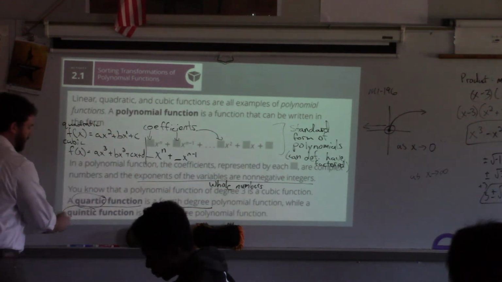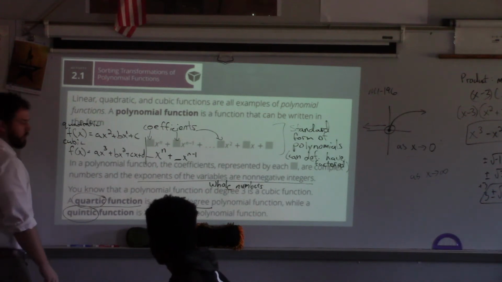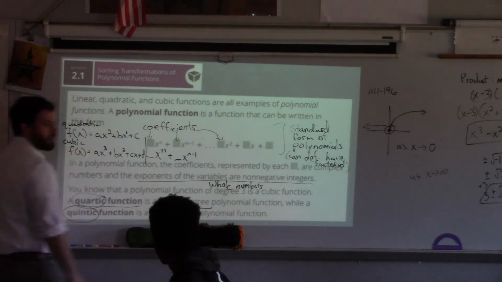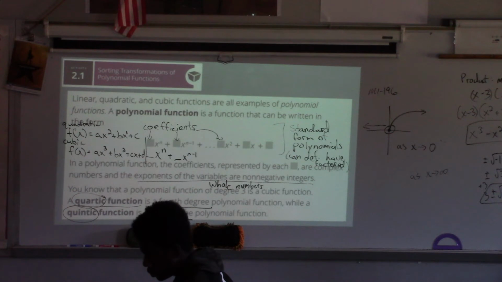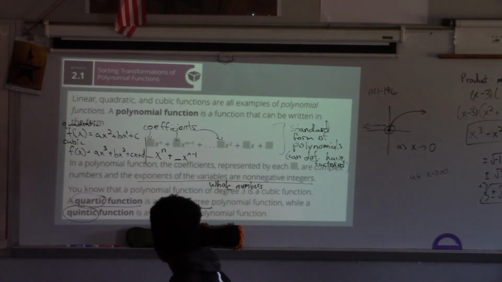If I ever say quintic, what's the degree? 5th. Degree of 5 or 5th degree. That's just something to be aware of. A quartic is a 4th degree polynomial, while a quintic is a 5th degree polynomial. As far as I'm aware, we don't have names beyond quintic. It's just a degree 6, or degree 7, or degree 8 polynomial.